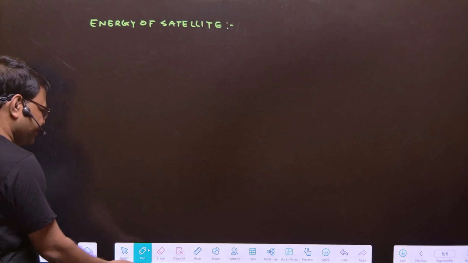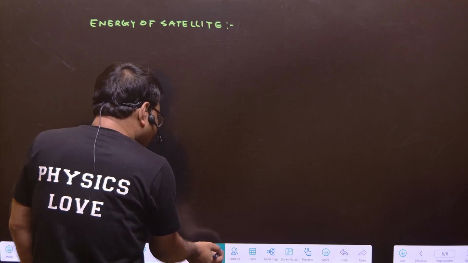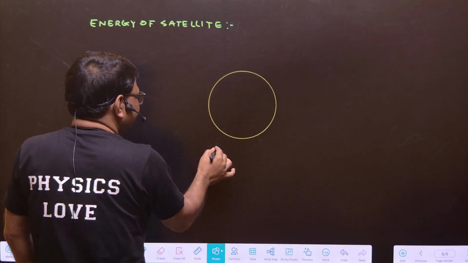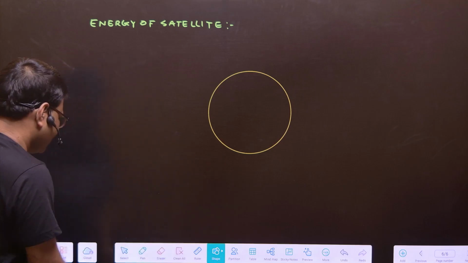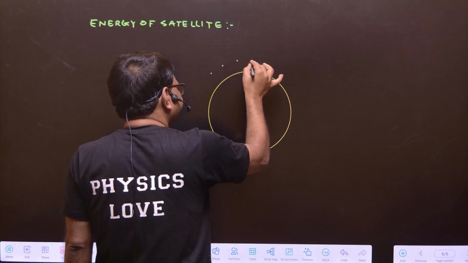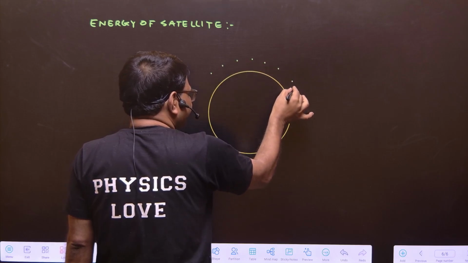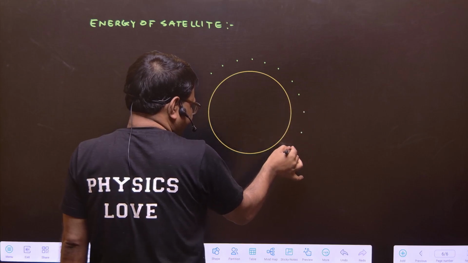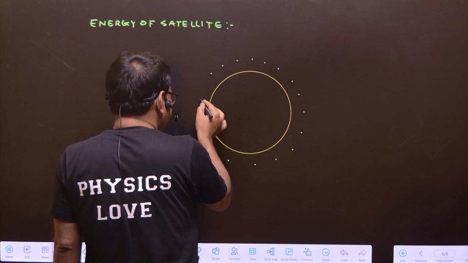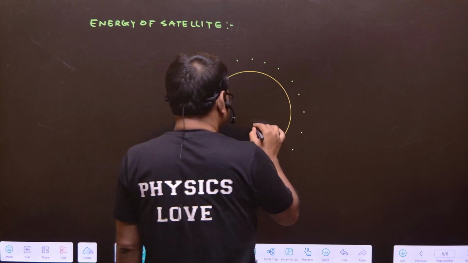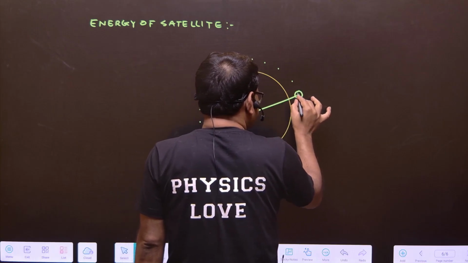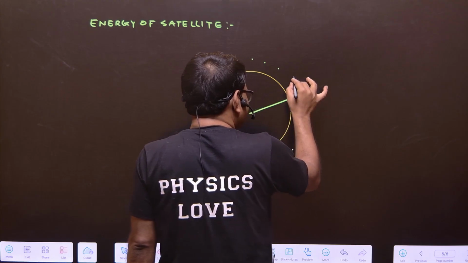Energy of satellite. Again, I am drawing the Earth. This is Earth. Again, draw the circular orbit in which the satellite is revolving. This is the circular orbit. Center of the Earth, one satellite having mass small m.